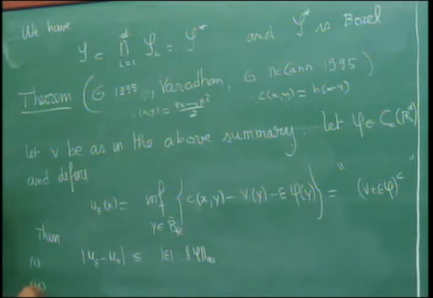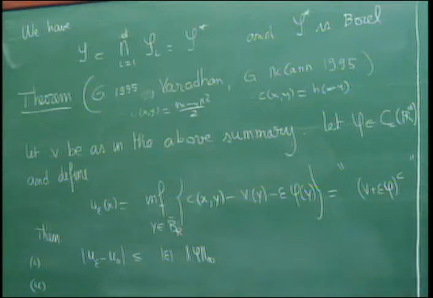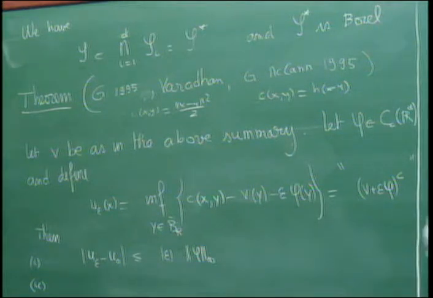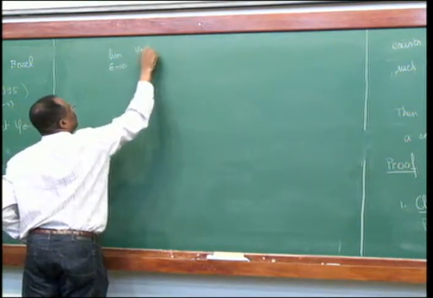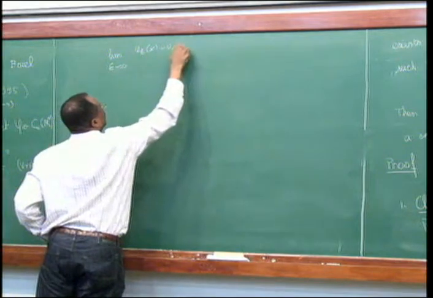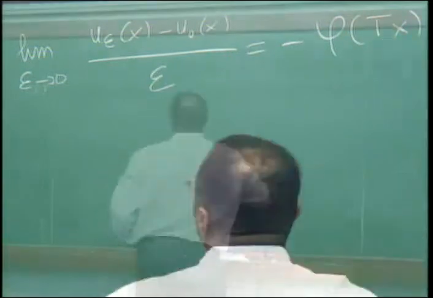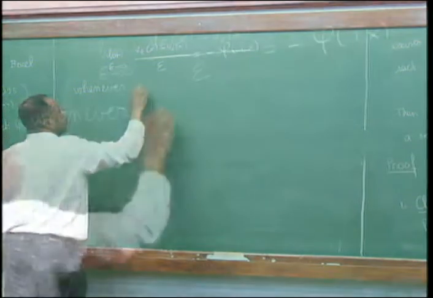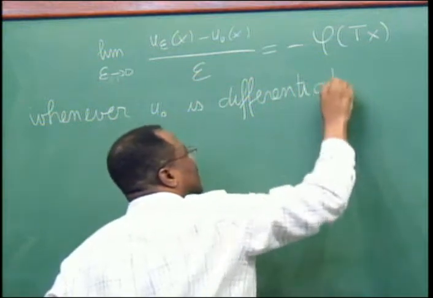And second, the limit when epsilon goes to 0 of U epsilon of x minus U0 of x divided by epsilon is negative phi of t of x whenever U0 is differentiable.